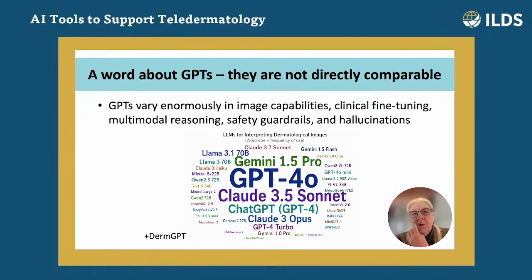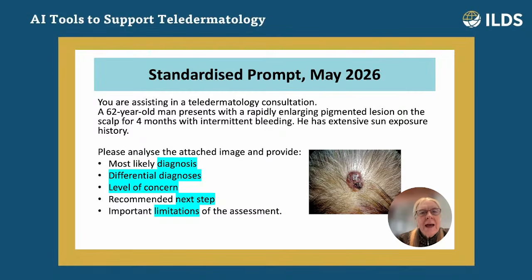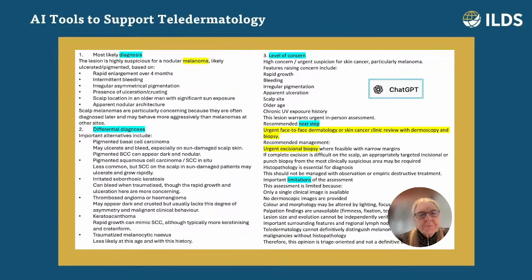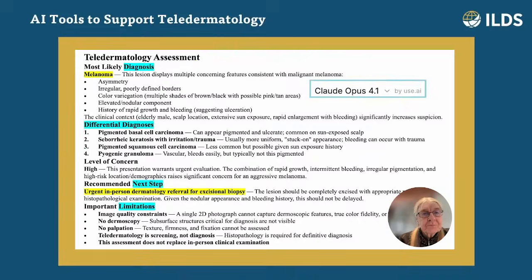So here's some examples of the LLMs that have been used for clinical purposes. I created a standardized prompt of a 62-year-old man with a melanoma on his scalp and asked 4 GPTs to come up with some responses. So Google's AI, or Gemini, was able to do that without any difficulty in very few seconds, as was ChatGPT from OpenAI and Claude from Opus.